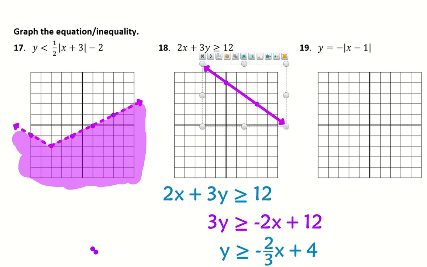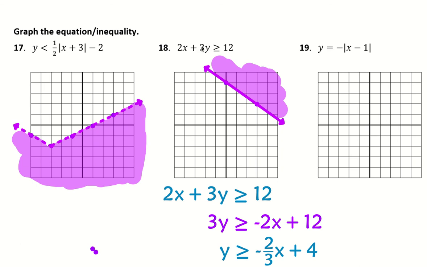And the shading, well, again, we got to check down here. Remember, you got to check this symbol down here. And it's a greater than or equal to, so we shade above. Okay? Once again, if you like doing the test point, it looks like 0, 0 is available for easy checking.